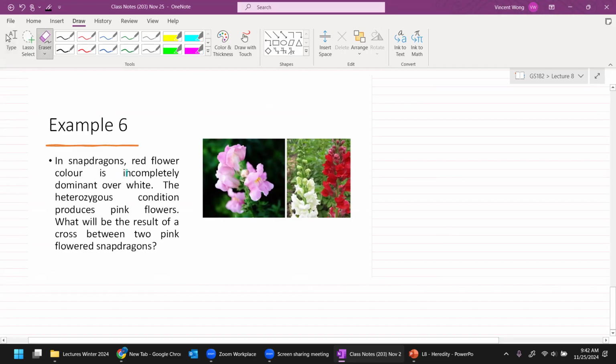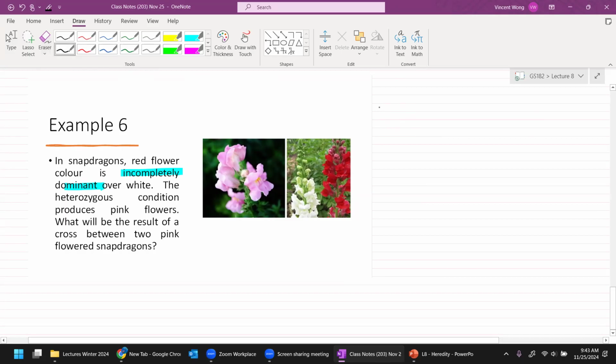Red flower is incompletely dominant over white. So like I said, I will tell you explicitly in the question, you are dealing with an incomplete dominant trait or a codominance trait, okay? The heterozygous condition produces pink flowers. What will be the result of a cross between two pink flowers?